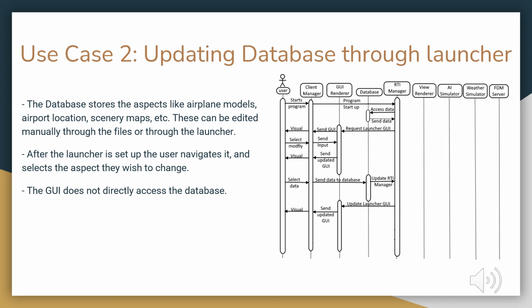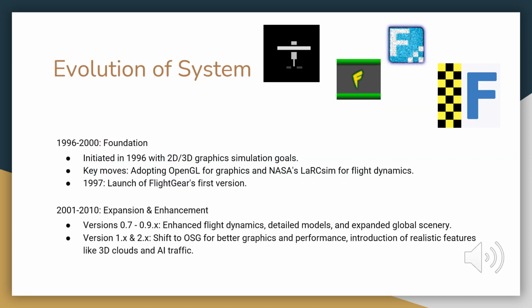After the launcher is set up, the user navigates it and selects the aspect they wish to change. The GUI does not directly access the database, and I'm reading that right off the slides, but it is cool seeing how we can update the database through the launcher, and we can change stuff manually.